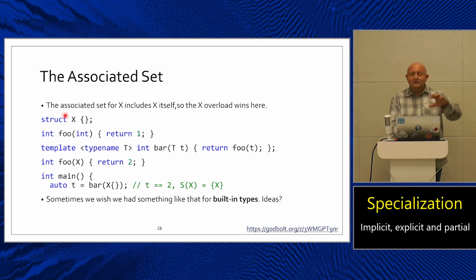And when we reuse the ADL mechanism during the second lookup phase, it searches the associated namespaces, which in this case include the namespace where X and our foo(X) are defined, the global namespace in this case, and finds the perfect match.